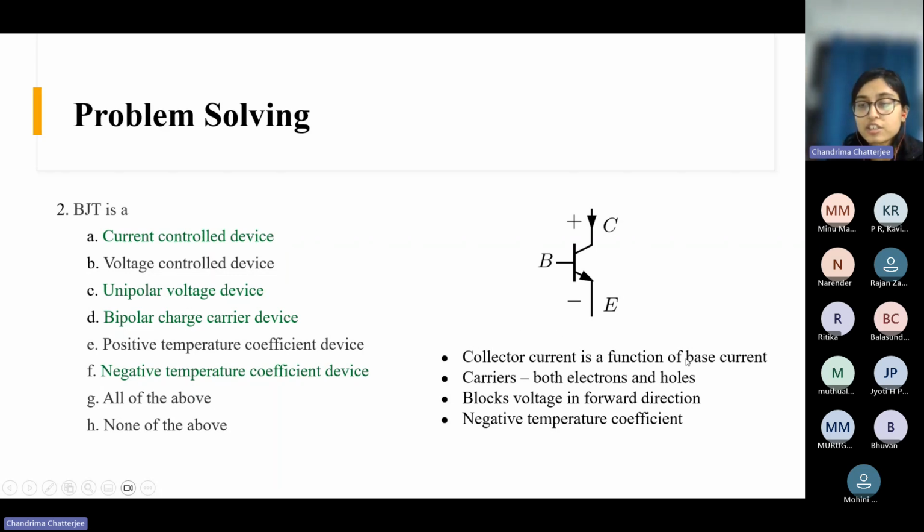Collector current is a function of base current, that's why it is a current control device. It has both carriers, electrons and holes, so it is a bipolar charge carrier device. It blocks voltage in a forward direction, so unipolar voltage device, and it has negative temperature coefficient. So A, C, D, and F are the correct options.